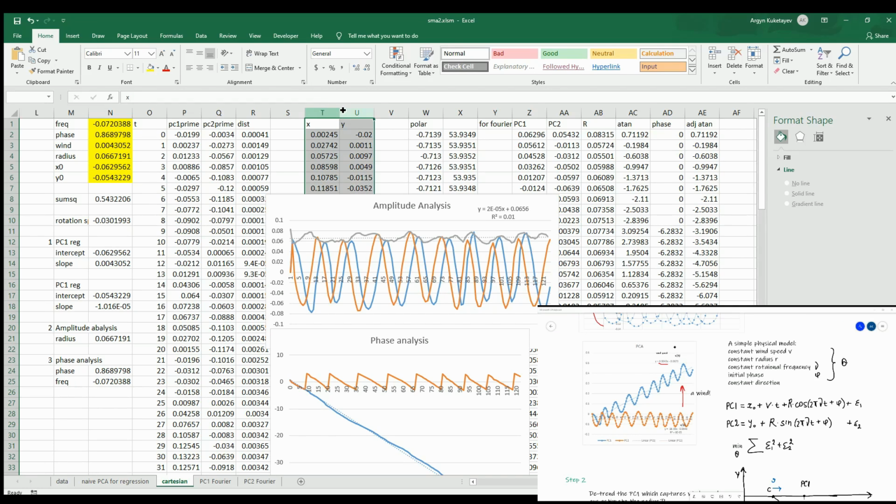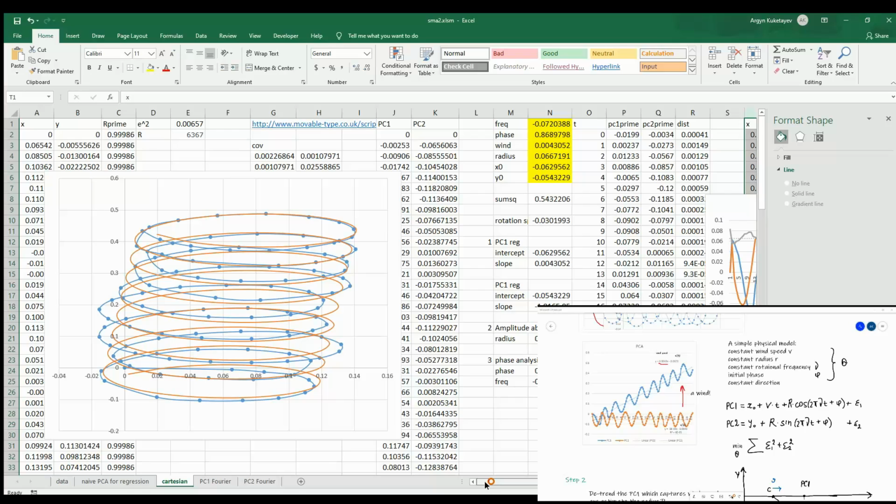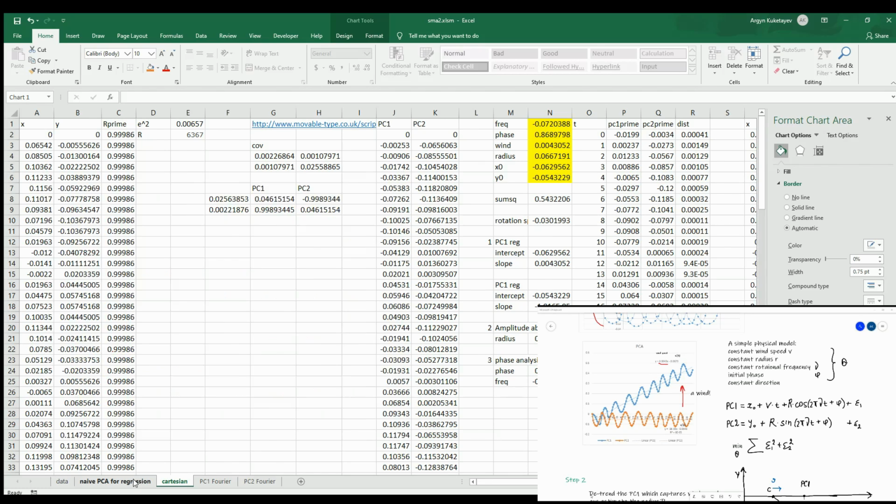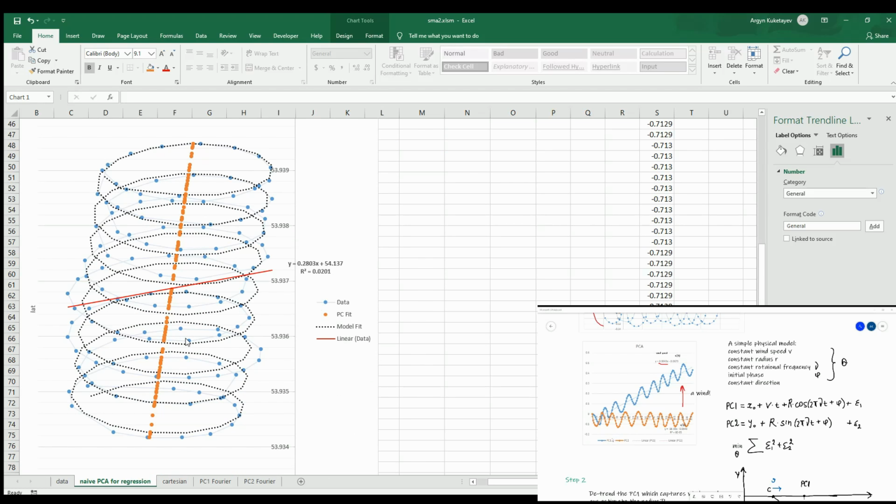These are my Cartesian coordinates, and then I can draw them as a predicted line here. So this orange is a predicted spiral in Cartesian coordinates. And using these Cartesian coordinates, I can convert them back into latitude and longitude. And when I do that, I get this nice fit line.